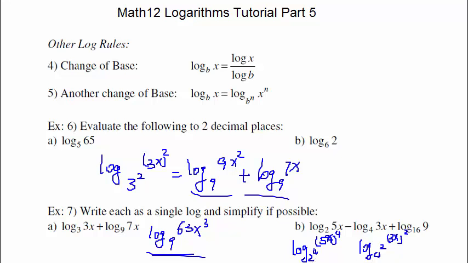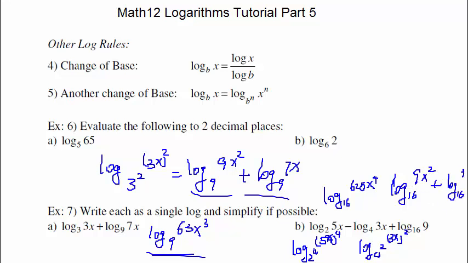So we have log base 16 of 5 to the power of 4, which is 625x to the fourth. Then this one is log base 16 of 3x to the power of 2, which is 9x squared. And then plus log base 16 of 9.